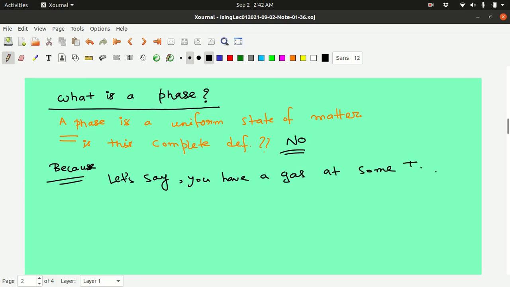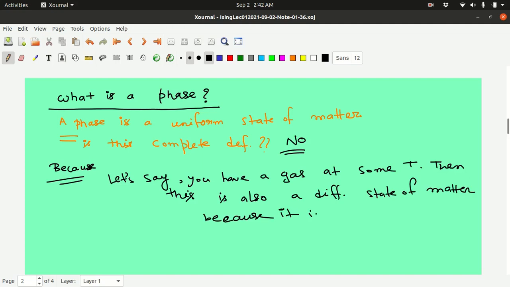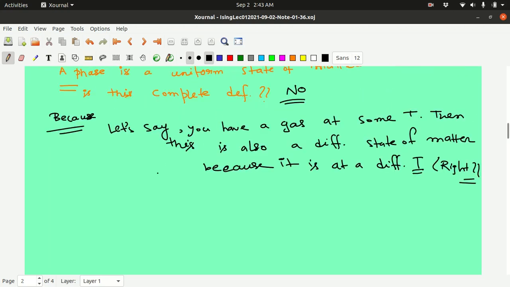Then this is also a different uniform state of matter, because it is at a different temperature, right? But is it the case? This cannot be true.